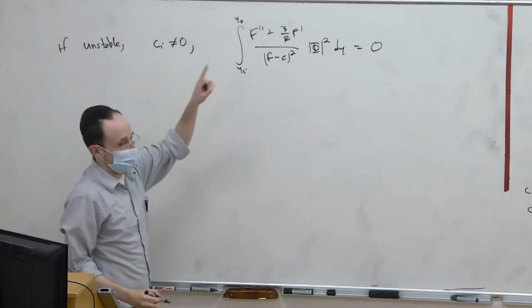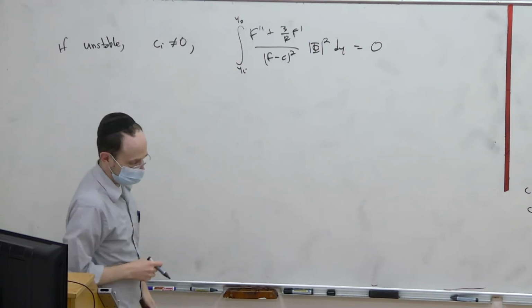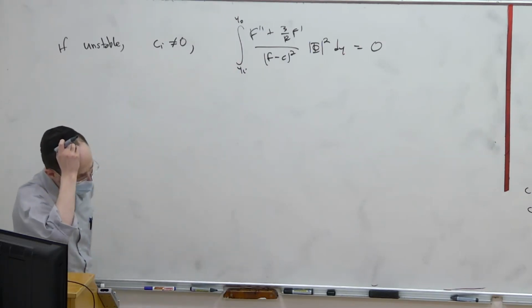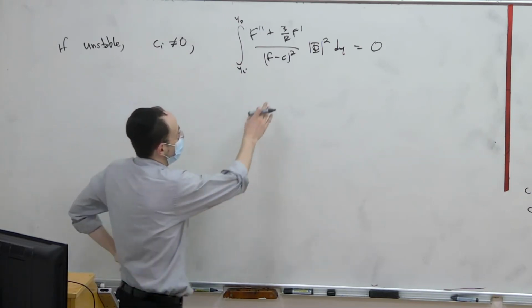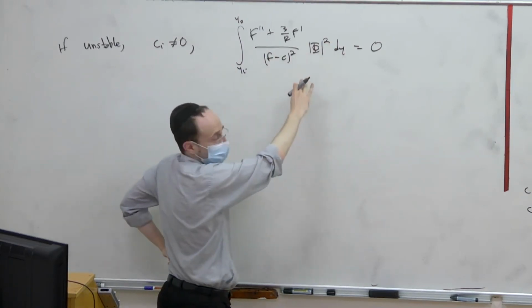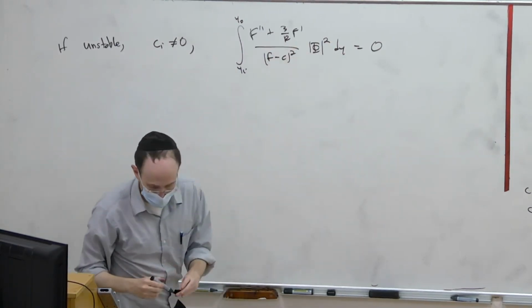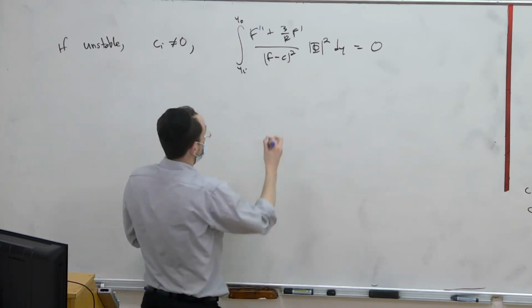Now, if this integral is equal to 0, what do I know about the stuff inside the integral? It has to change its sign. In particular, this thing, we said, is positive everywhere. It's just a numerator.